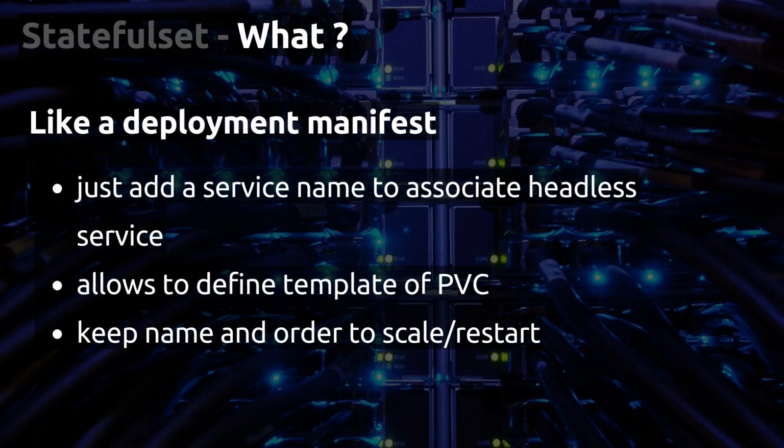You will need to define a template for your PVC, but it's really interesting, because that avoids creating other manifests to create PVCs, and that allows you to use the storage class directly inside the stateful set manifest. So it's really easy to use, for example, dynamic provisioning. We will see that in the second part of this video for the demo.